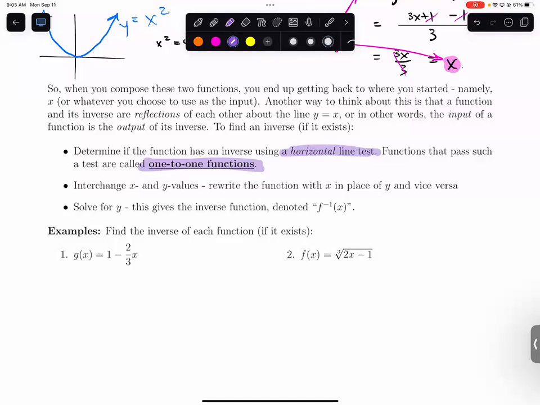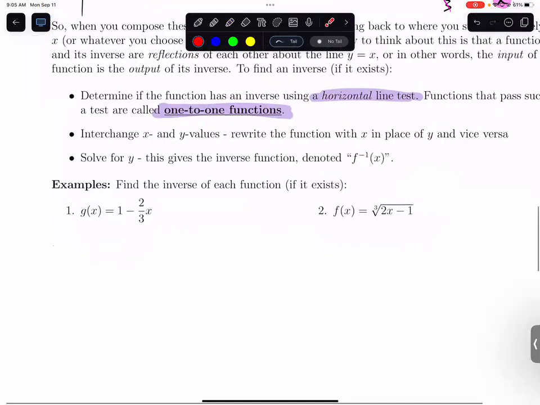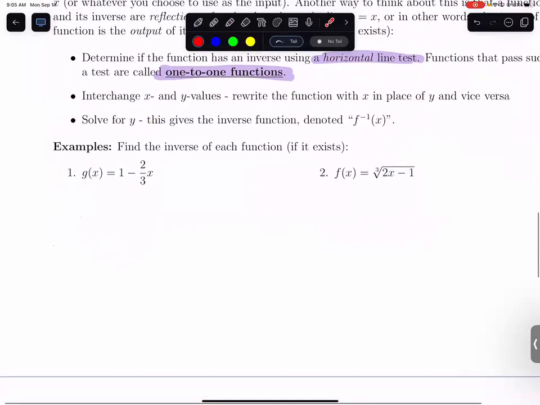Or if we want to let the algebra skills that we already have do that for us, what we can do is just swap x and y, right? So rewrite the function, but anywhere there's an x, replace it with a y, and vice versa. And then solve for y. Solving for y, we're going to end up doing opposite steps, and we're going to end up going in reverse order, even if it's hard to think through what that would be.